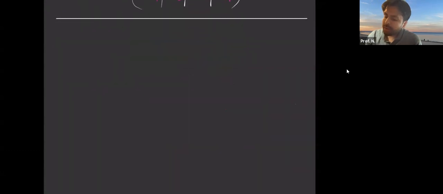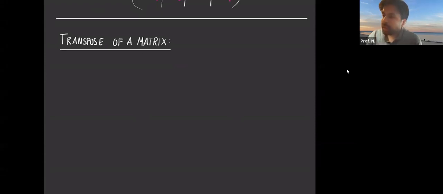So there's a few more things I want to talk about with matrices. One of them is called the transpose of a matrix. So there's a bit more terminology now. So what is the transpose of a matrix?